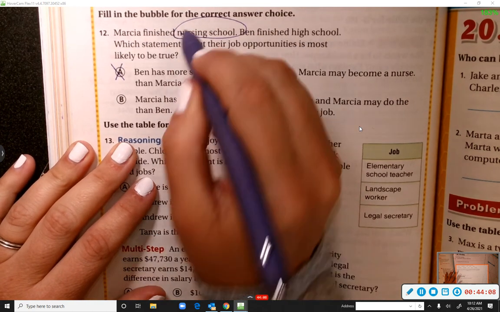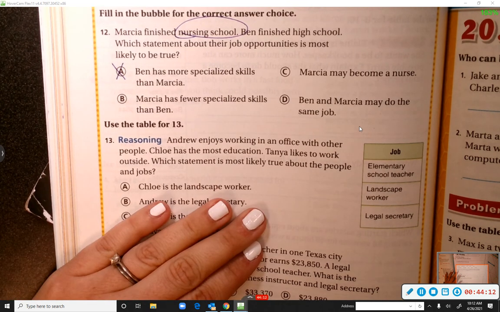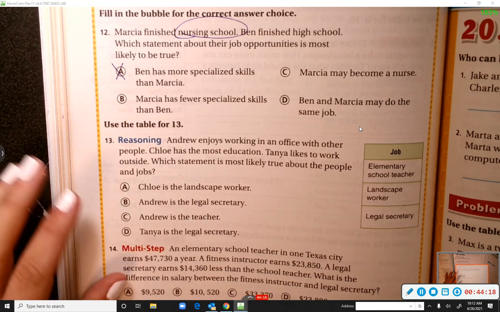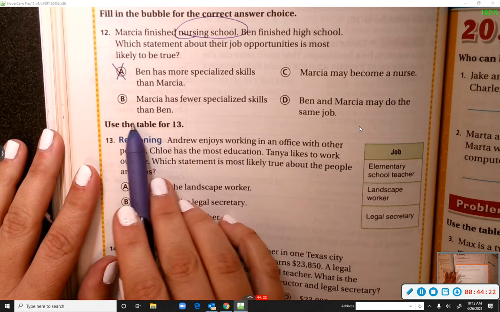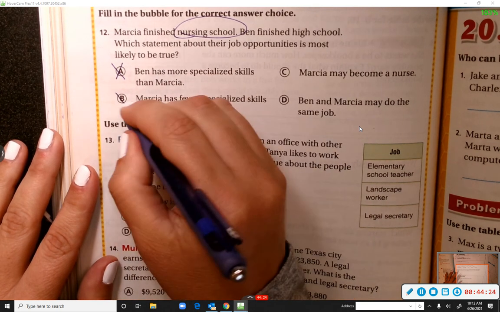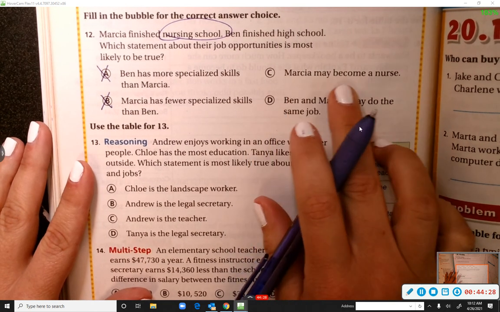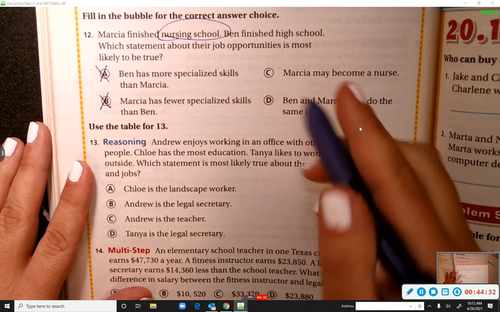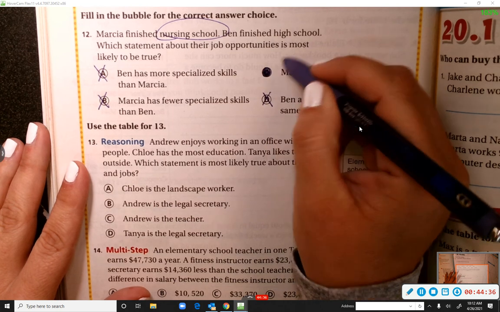Nursing school means she's already graduated high school, she's graduated college, then she went to nursing school. That's when she's going to be a nurse. B, Marcia has fewer specialized skills than Ben? No, because she's gone way past high school. Marcia may become a nurse. Ben and Marcia may do the same job? No, not likely. So C was the correct answer.